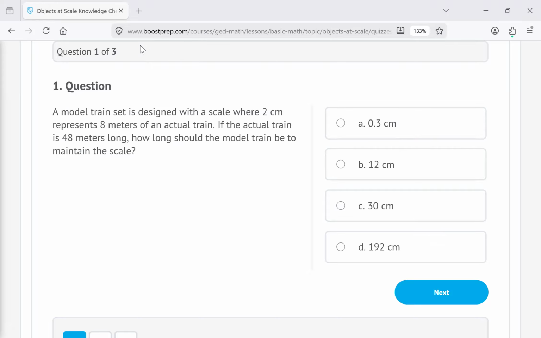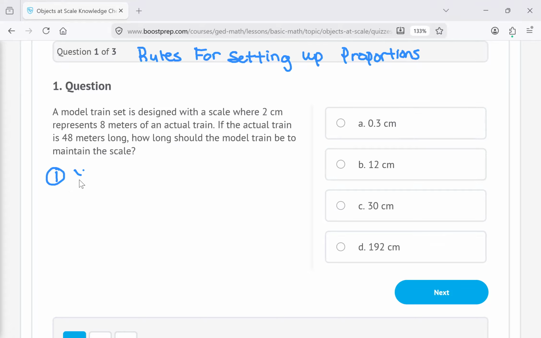So, for setting up proportions, the first rule is: you can set up your proportion any way you like, as long as the units match.